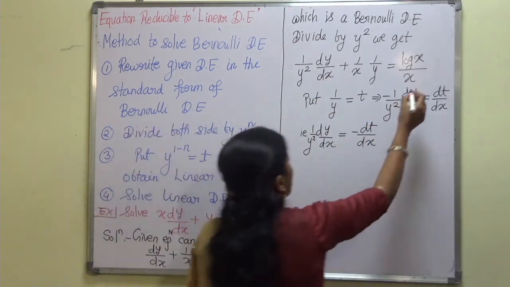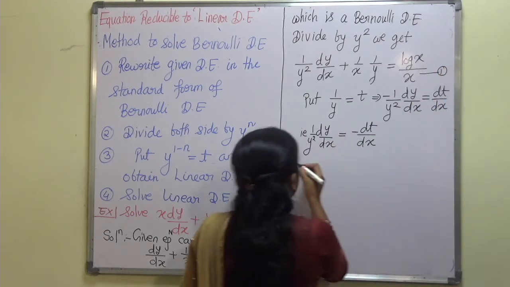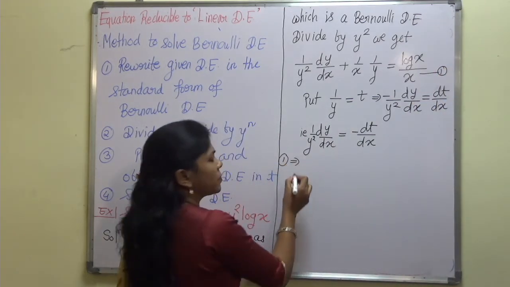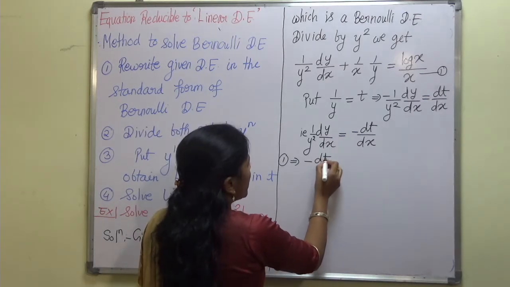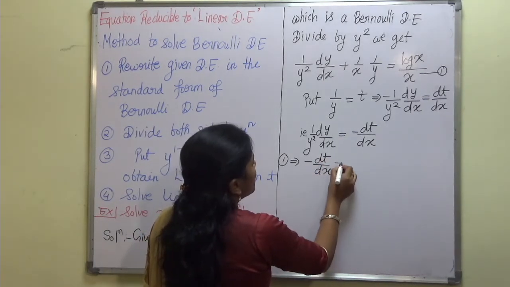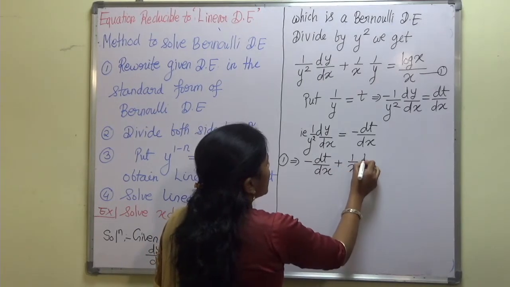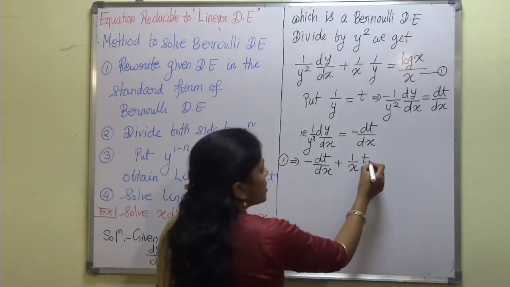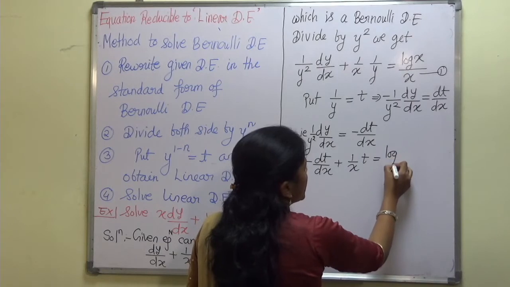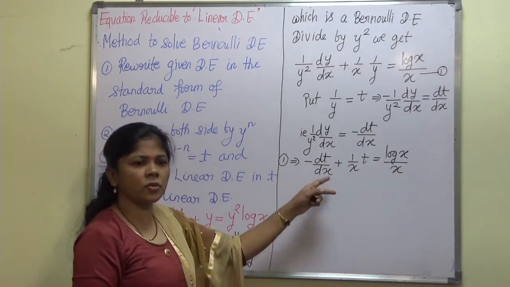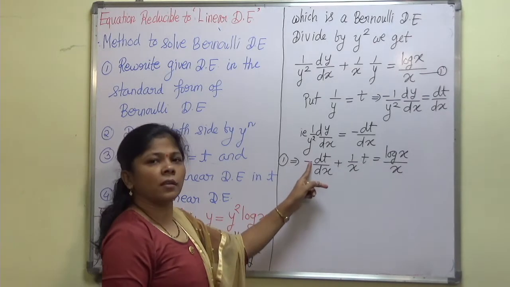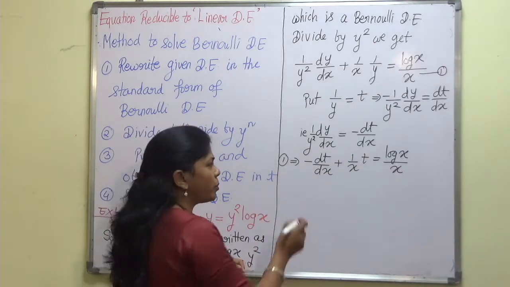Therefore equation 1 becomes minus dt by dx plus 1 by x into t is equal to log x by x. Now I want this to be linear, so just multiply throughout by a negative sign.